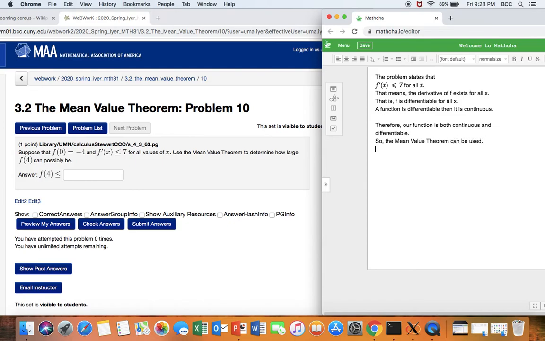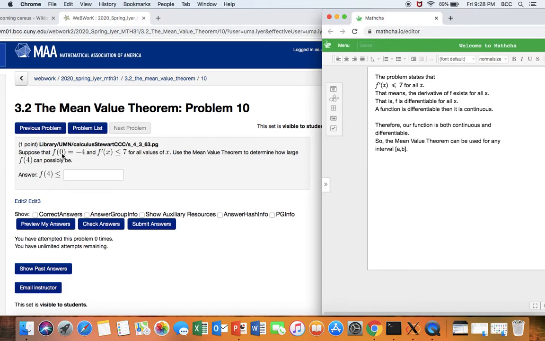Mean value theorem can be used for any interval AB. Because why any interval? Because the derivative is less than or equal to 7 for all x. For all x means for any interval this will be differentiable and continuous, so we can use it for any interval. In particular, I'll choose the following numbers.